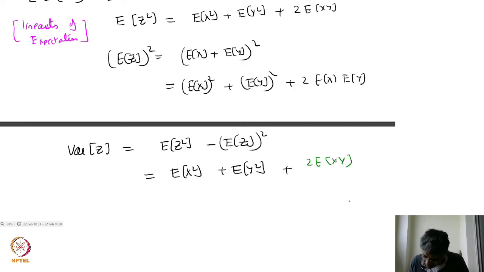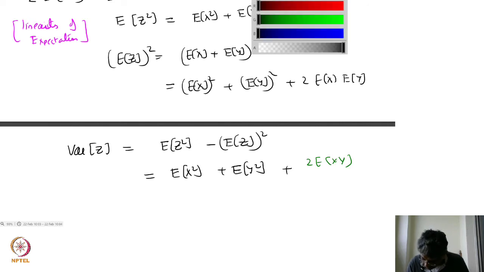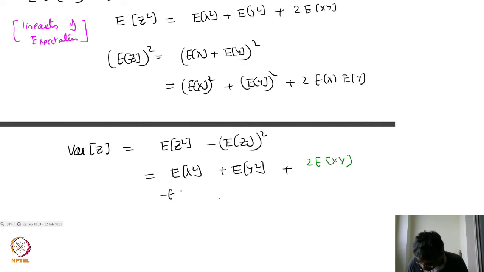Or minus infinity. And this one, minus E of Z the whole square, is just minus E of X the whole square, minus E of Y the whole square, and then here I'll write it as minus 2 times EX times EY.